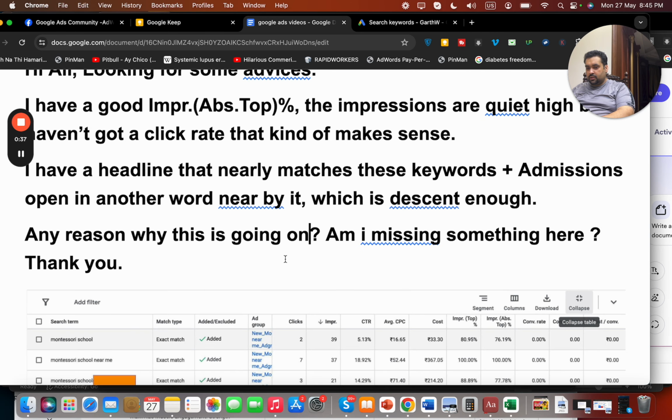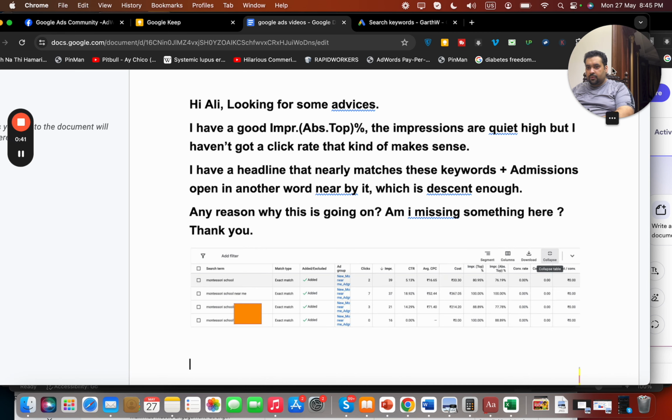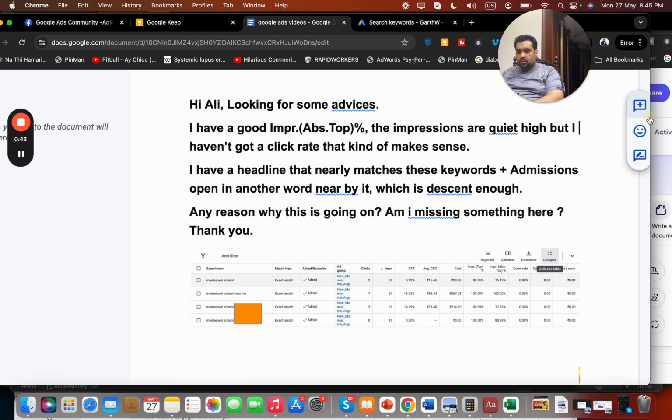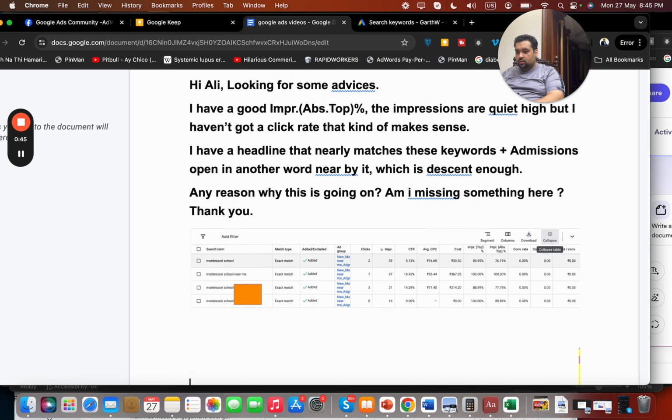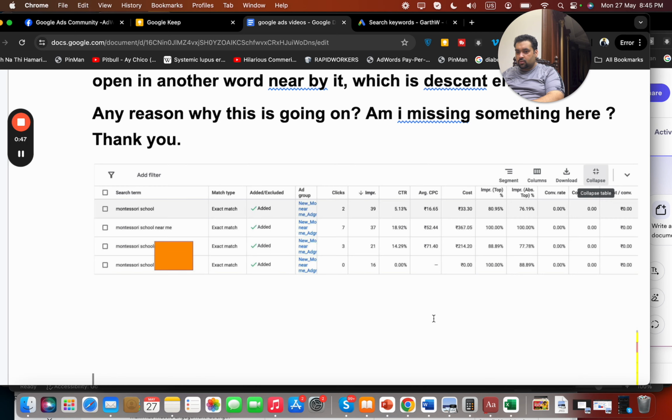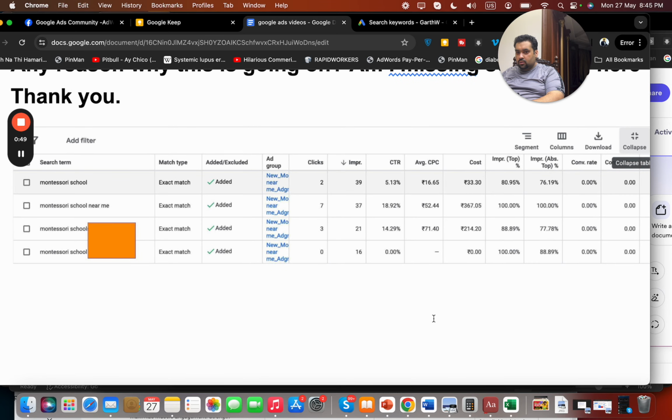Am I missing something? Okay, if I look at the image you have provided me, this is your first keyword, Montessori school, and you are getting 5.13% CTR. Fine. Montessori school near me, you're getting 7 clicks with 37 impressions, 18% CTR. That is fine.